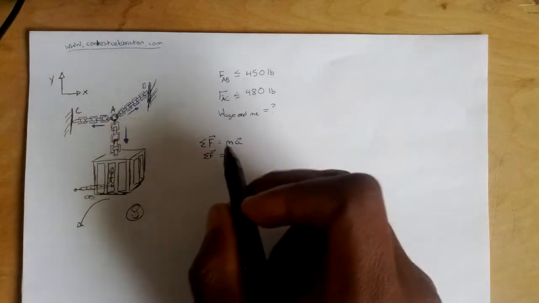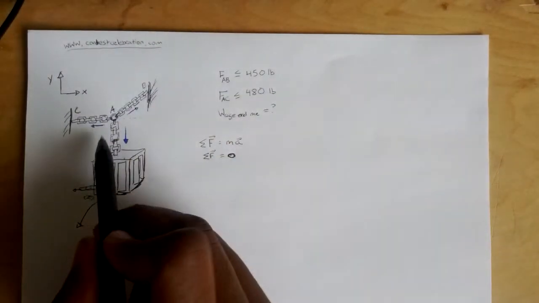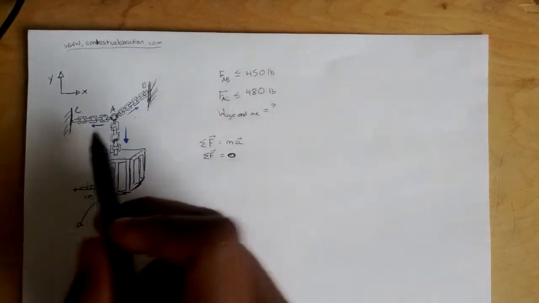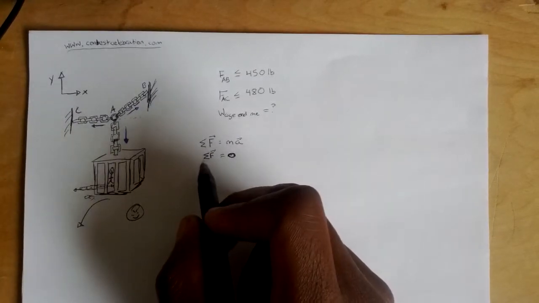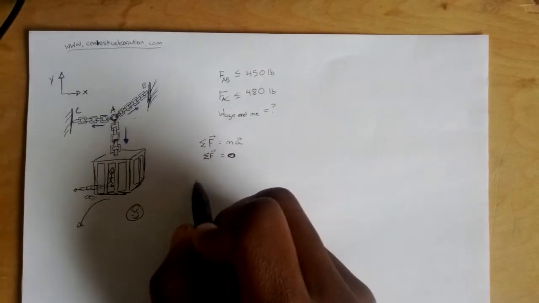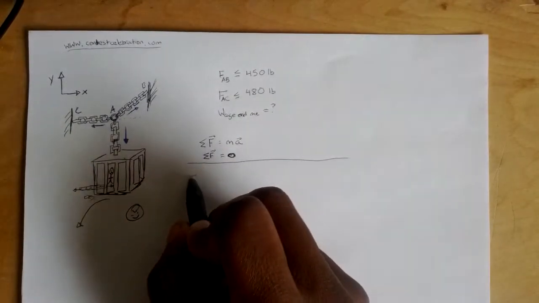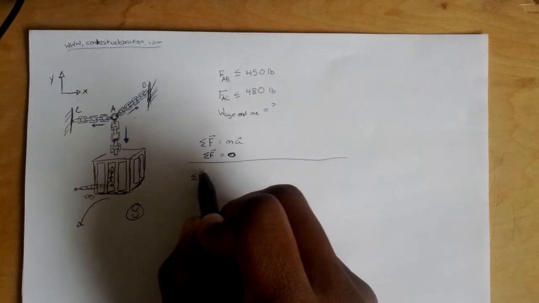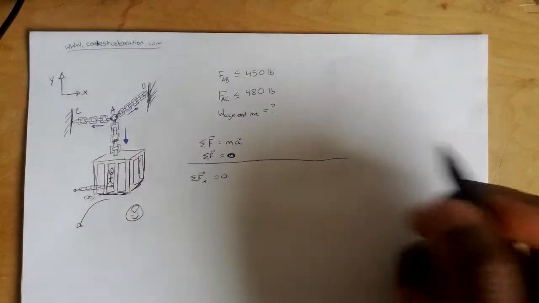So first thing I'm going to do is write the sum of all forces in the x direction, right? I've already kind of defined where this goes, but I'm going to write the equation out and pretend like I don't know that it's in tension. So the sum, I'll draw a line here so there's no confusion. The sum of all forces in the x direction is going to be equal to 0, correct?